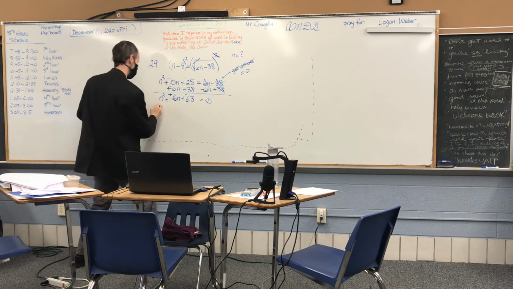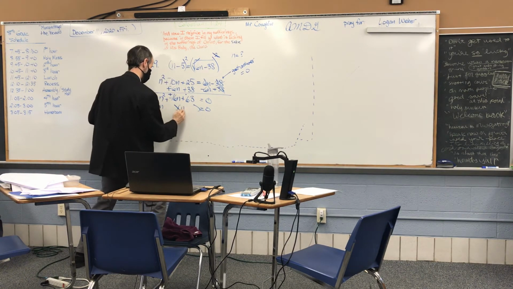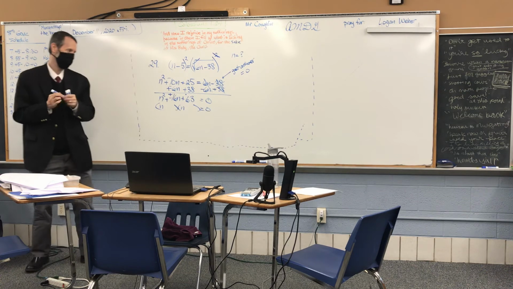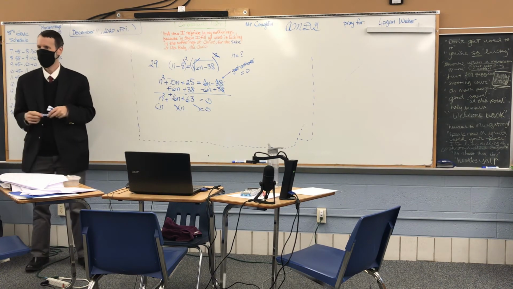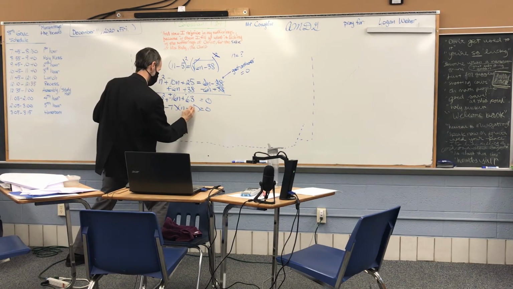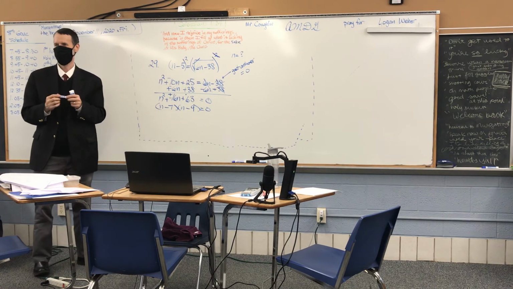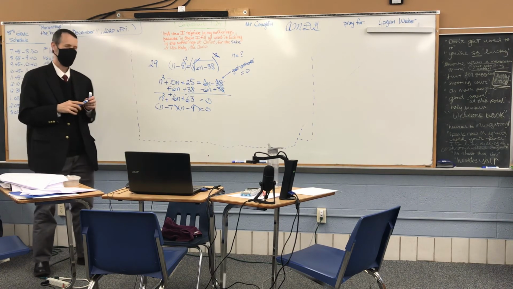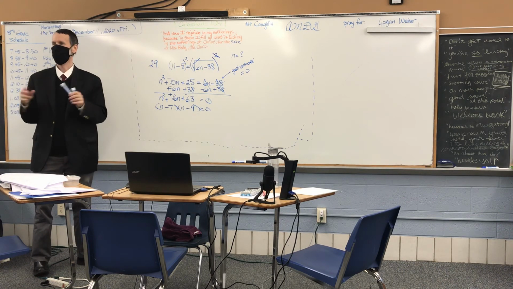Okay, so we have n and n. Can you think of two numbers that add up to negative 16 and multiply to be positive 63? Yeah, n minus 7, n minus 9. Got it. Something times something.